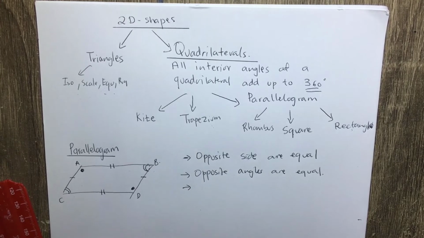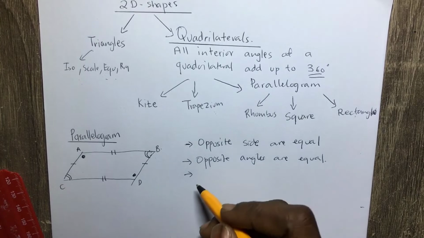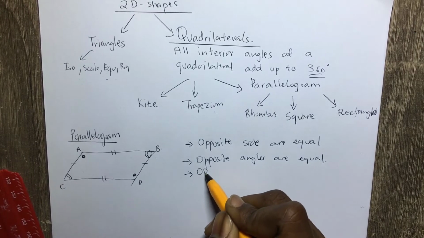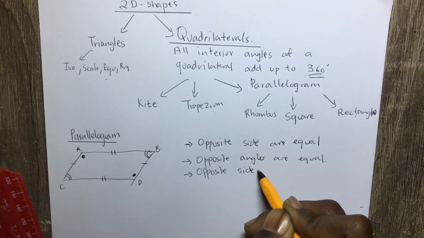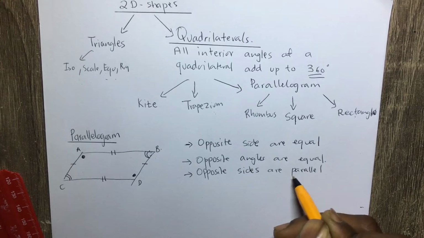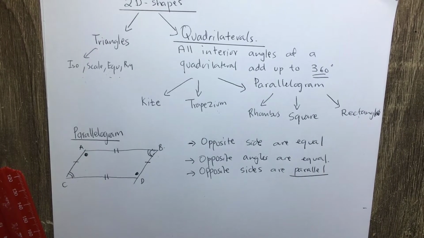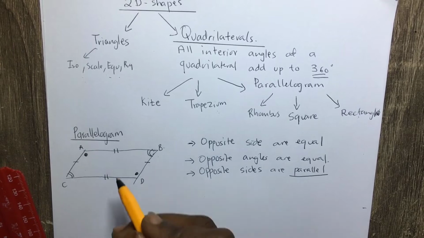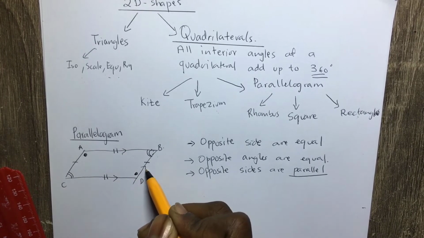Another property that we need to know of a parallelogram is that opposite sides are parallel. Now this is very important. Once they tell us that something is parallel, what do they mean? This side and this side are parallel, and this side and that side are parallel.